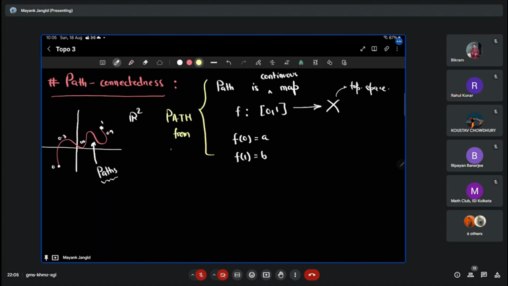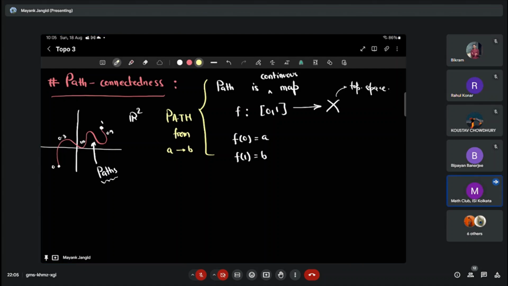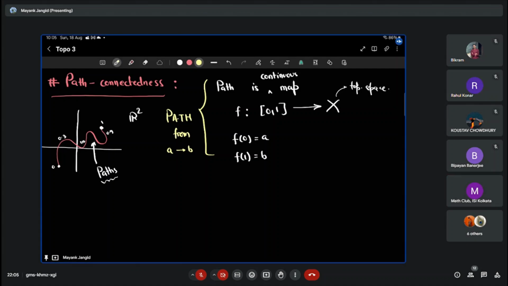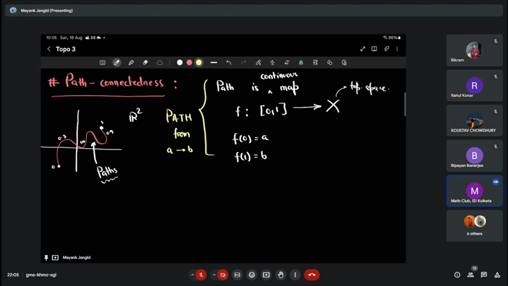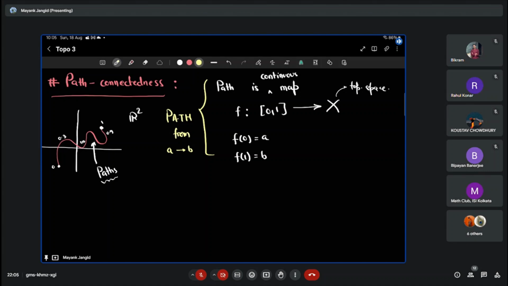This is the definition of a path from a to b. Is the definition clear to everyone? We are calling the map a path, not the image under the map. The same image can have different types of parameterization, so we will call them different paths.